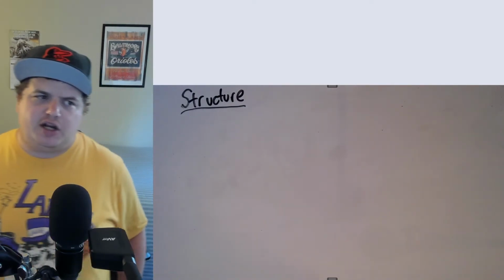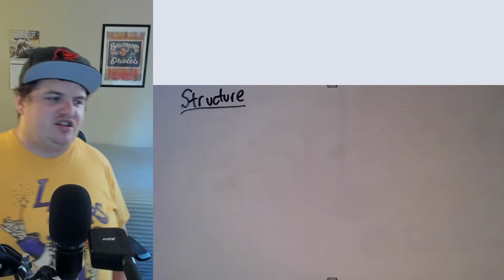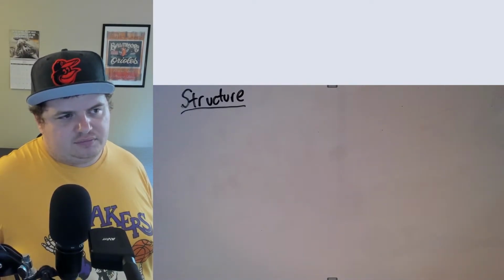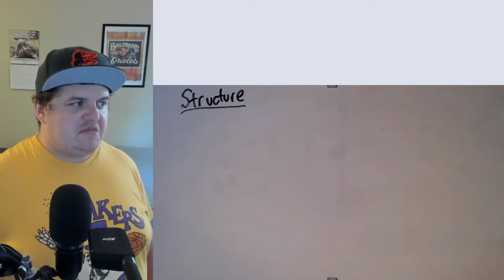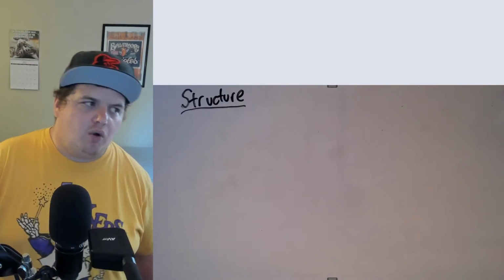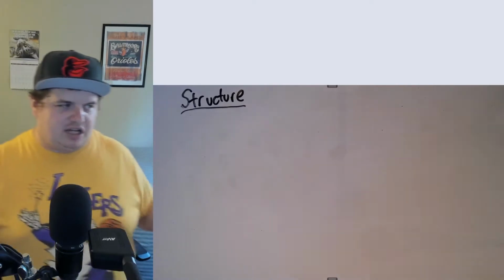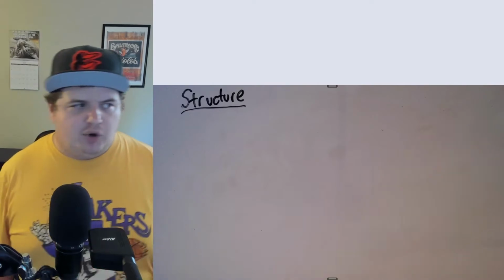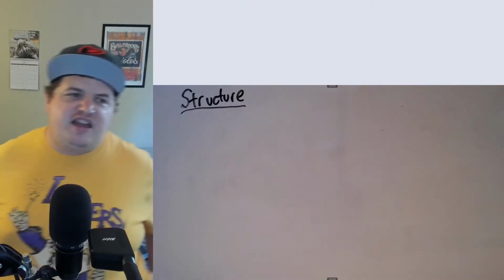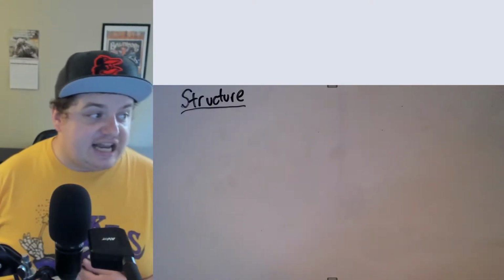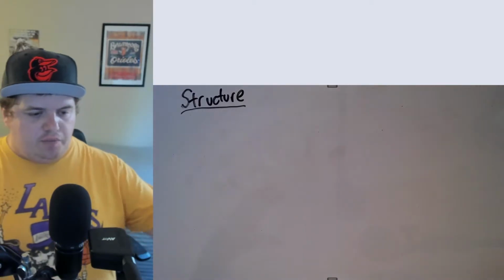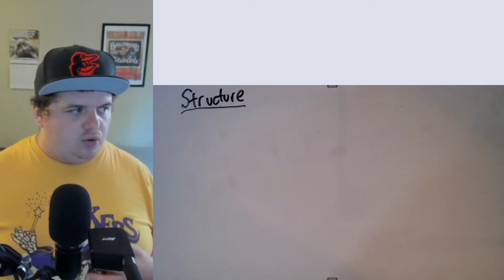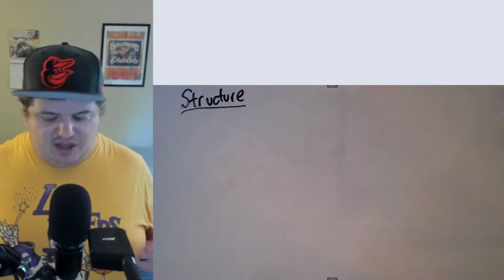What do I mean by community consensus? What people generally think makes up a DA? It's not specific to a DA, but generally community consensus would be the members of a community, what they think exists in their community in terms of the agreed upon ideals, shared beliefs, things like that.